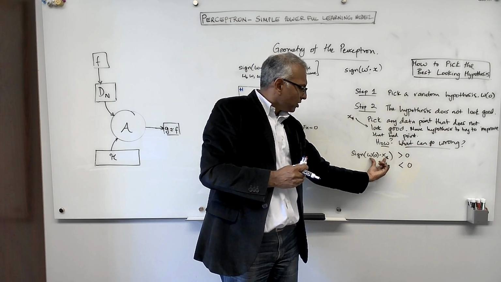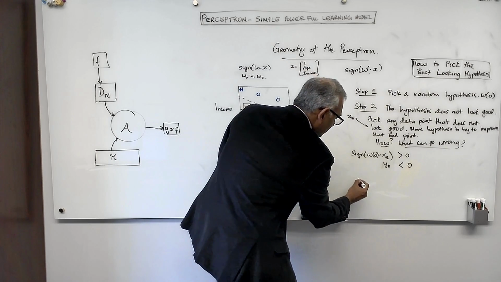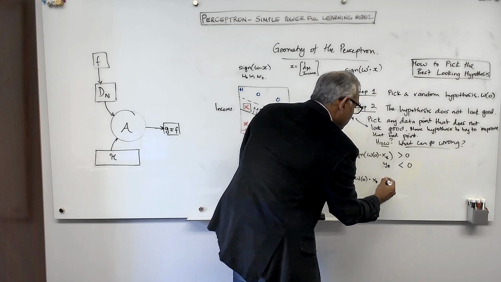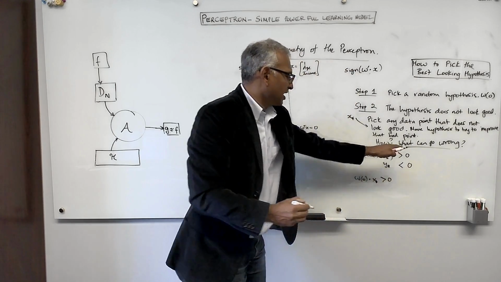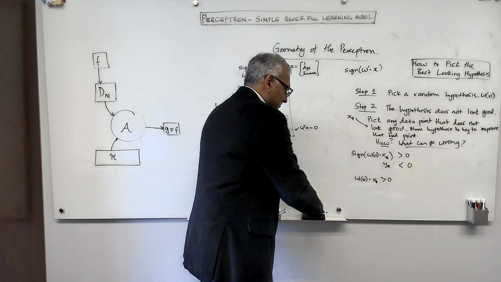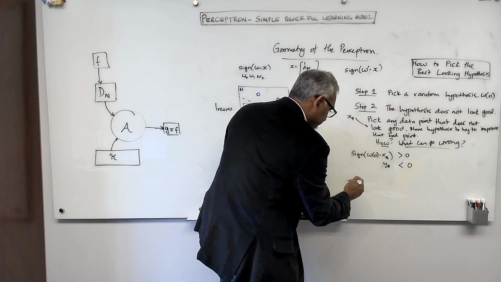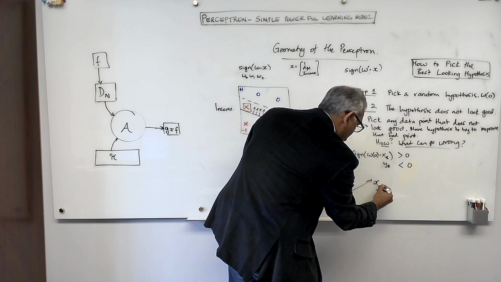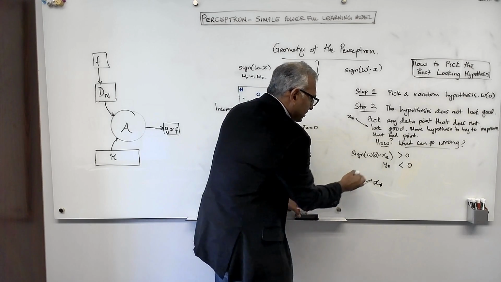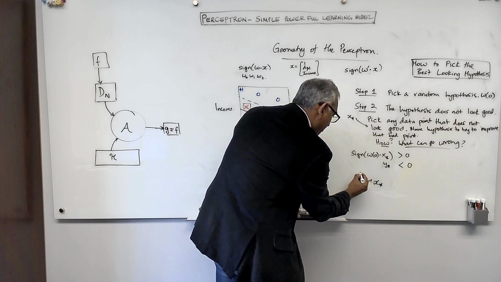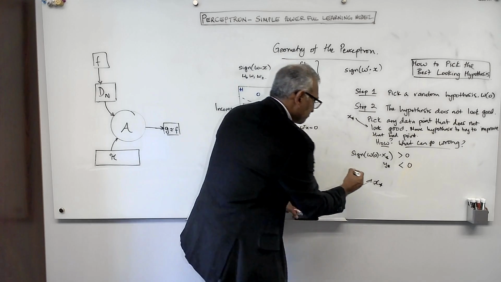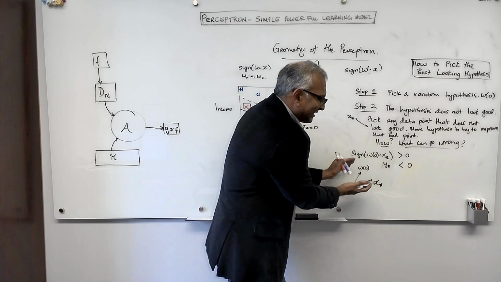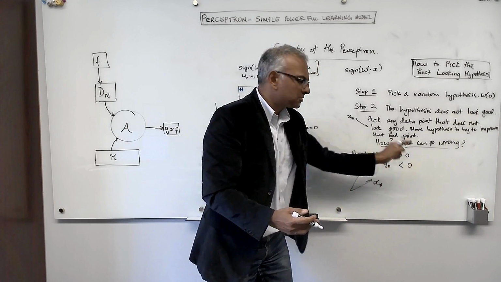So W0 dotted into X star is positive because its sign is positive. So what's the situation? The situation is like this. You've got X star and W0, and they're aligned so that their dot product is positive.